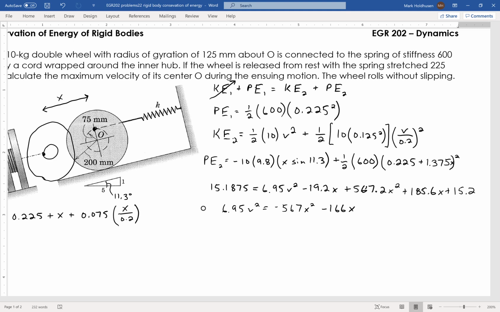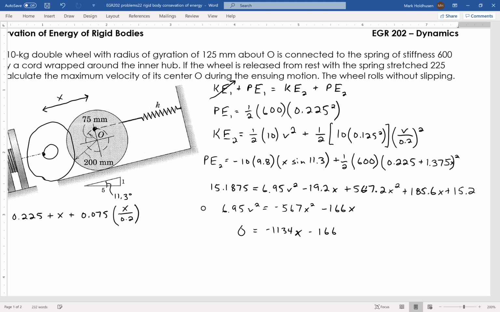Now again, I want to find the maximum velocity. Hopefully you remember that if I take a derivative of this, and set it equal to 0, I'll be able to find the position where the velocity is at its maximum. So I say 0 equals the derivative, which is negative 1134x minus 166.